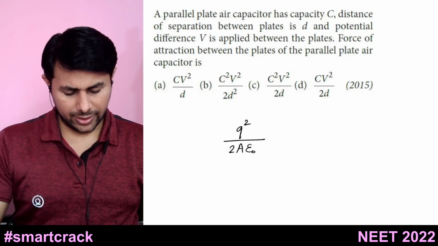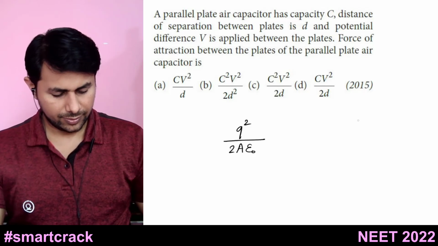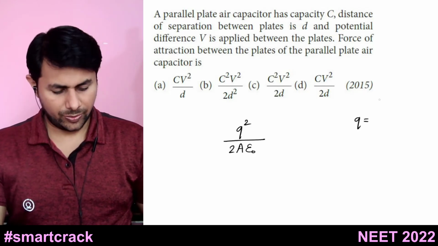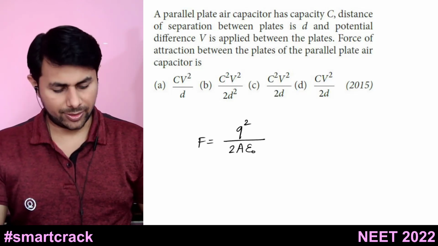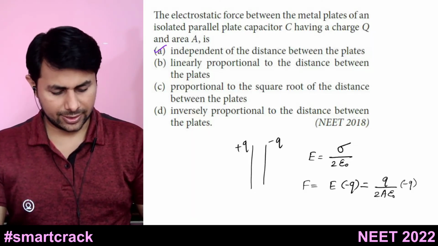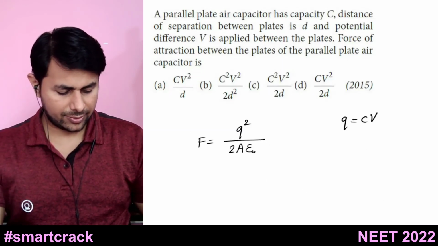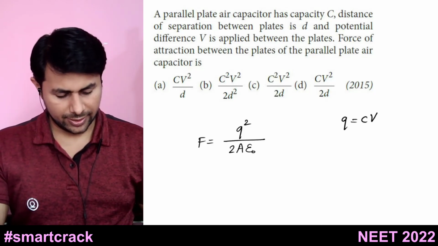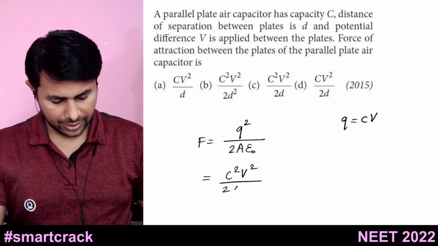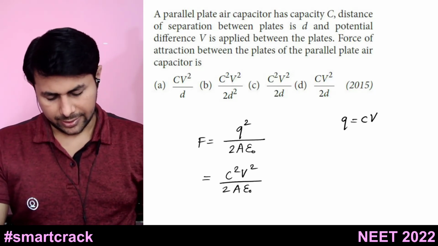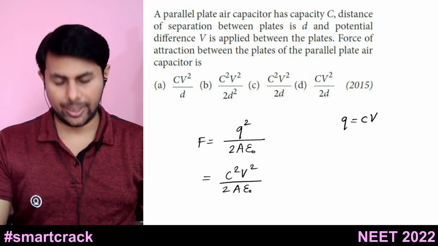Okay, so then we can write Q equals CV. For a parallel plate capacitor, this force equals Q square upon 2A epsilon naught, and we know Q is equal to CV. So we can substitute that. It is C square V square divided by 2A epsilon naught, and this is not there in the options, so we have to substitute for A epsilon naught.